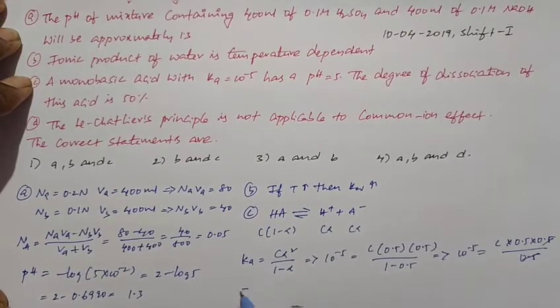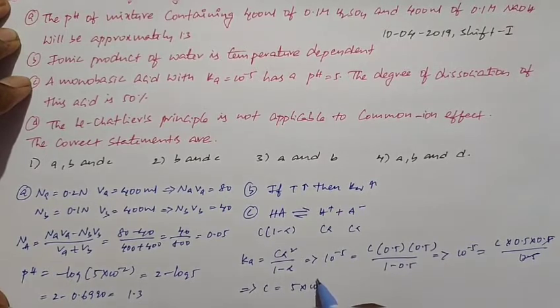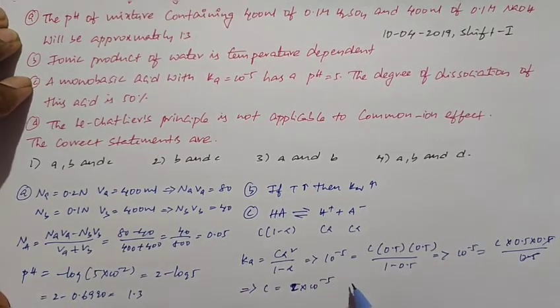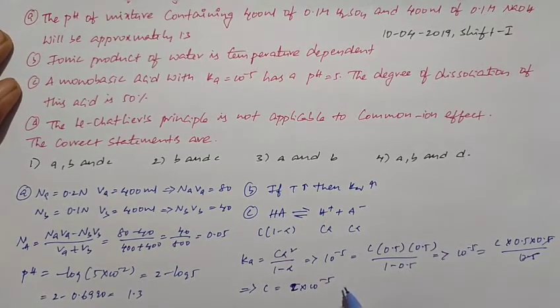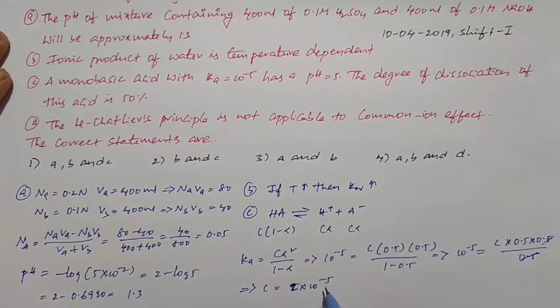So then we get C is equal to 2 into 10 power minus 5. Based on this C value, we can find the dissociation constant. So statement C is also correct.